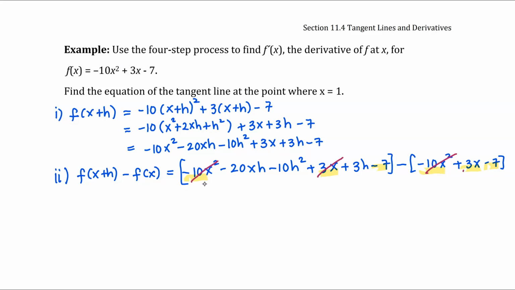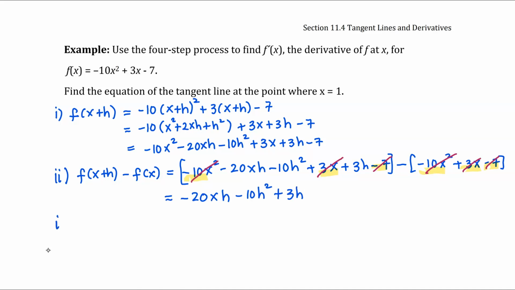This one minus this will be 0, and -7 minus -7 will also be 0. And so subtracting these two will leave us with the expression -20xh - 10h² + 3h.